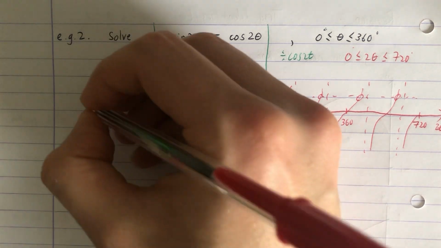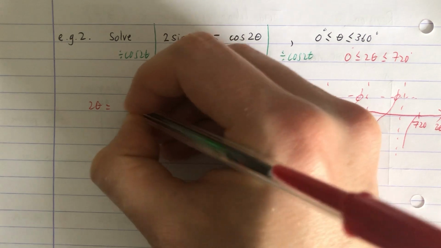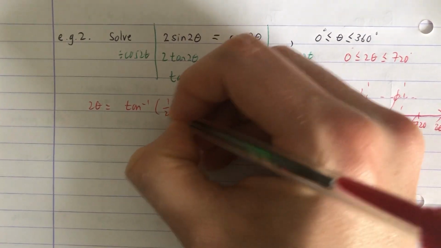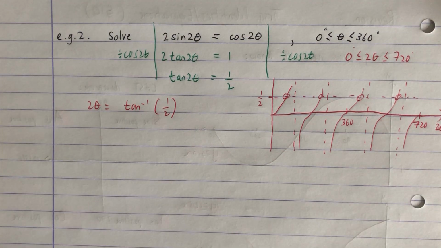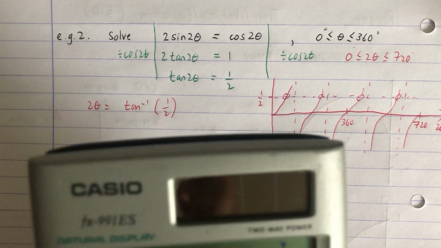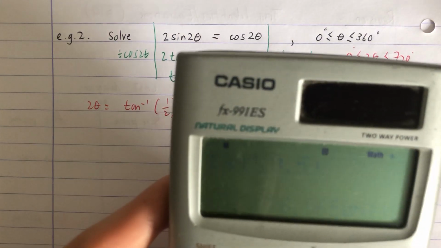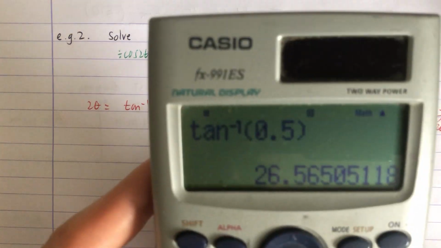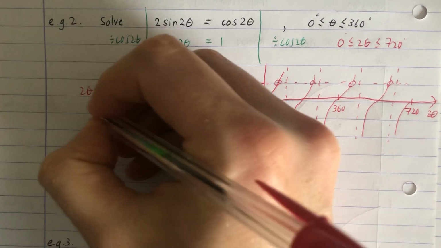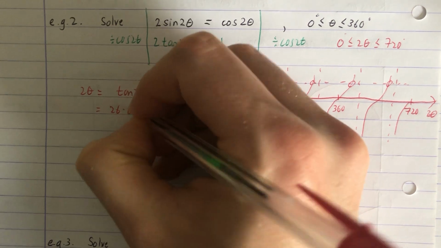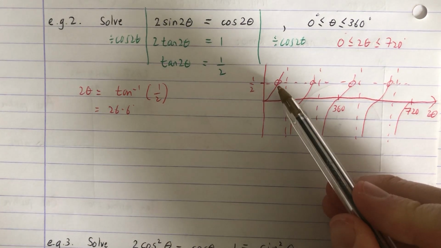So inverse tan of a half gives me 26.6, and that's probably that first solution there. In fact, it definitely is.